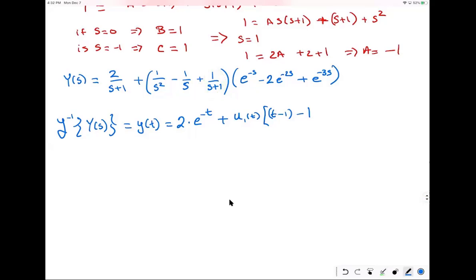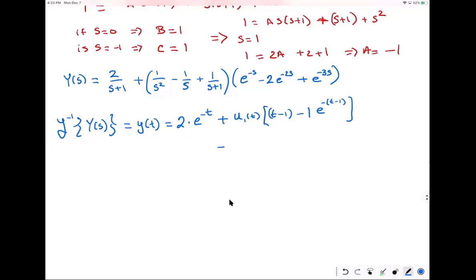So that is e to the minus t, but we need t with a shift, so t minus 1. So that takes care of that.